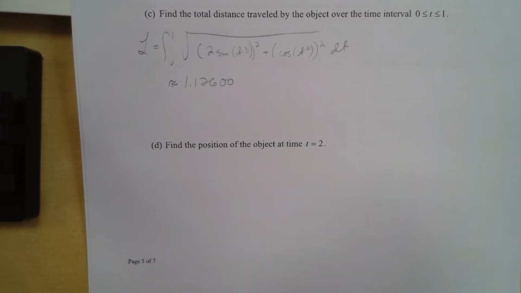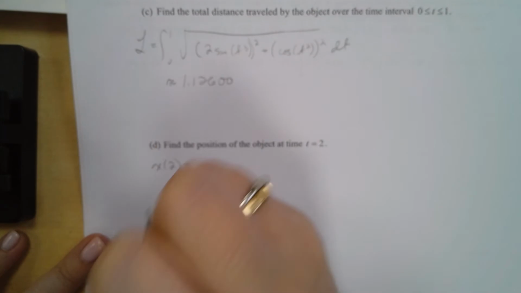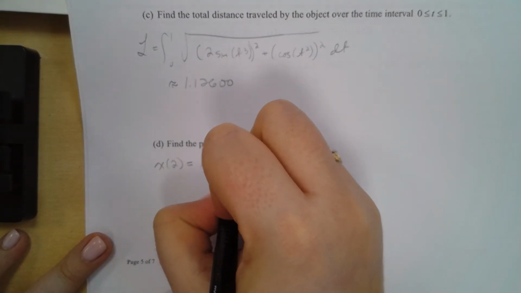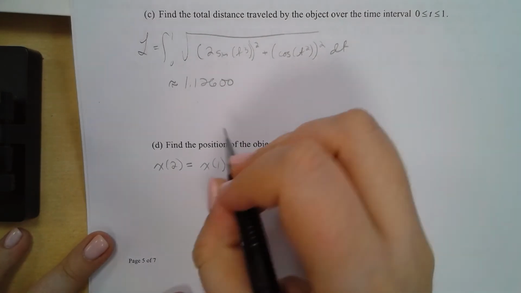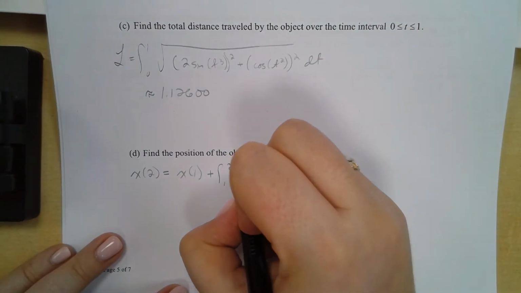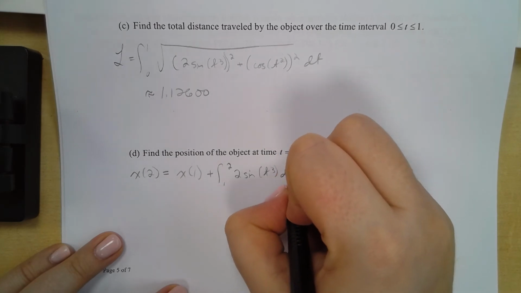Well, the position, this one I really want us to pay attention to. The position of the object at time 2 is going to be equal to the position at time 1 plus the integral from 1 to 2 of our derivative that we were given. So in this case, 2 sine of t cubed dt.